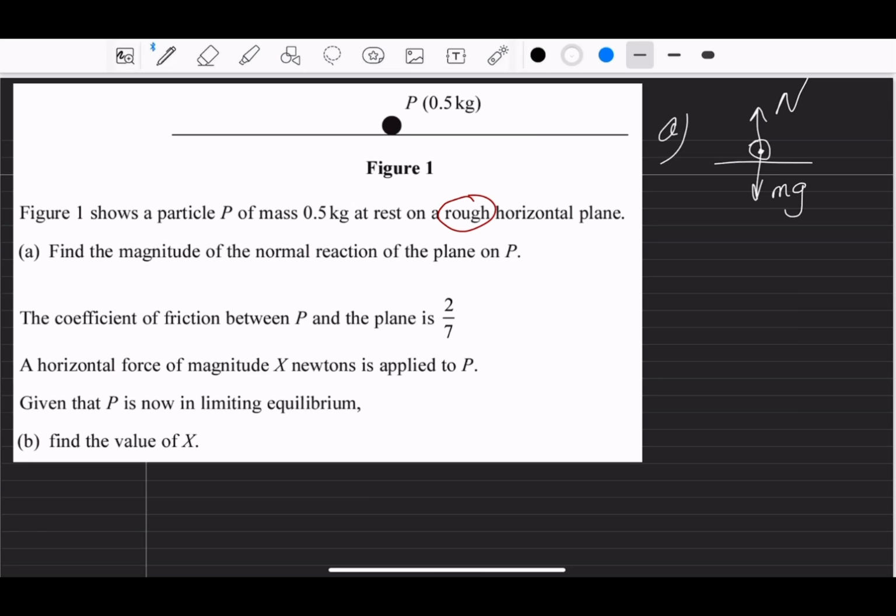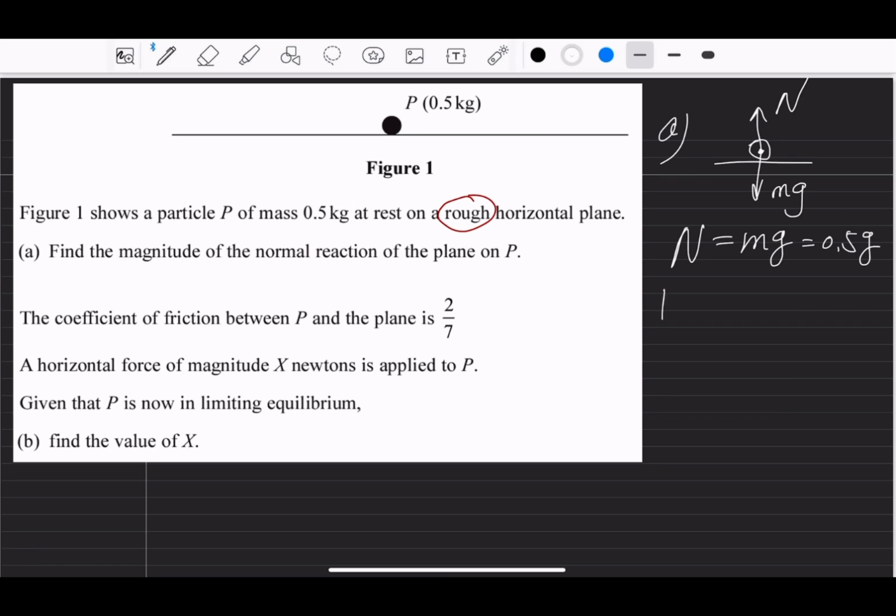They must be the same, because otherwise the ball will move up or down. But the fact is, it's at rest. That means the resultant force along the vertical direction is zero. So N equals mg. And since m is half a kilo, that is 0.5g. So that is the magnitude of the normal reaction.